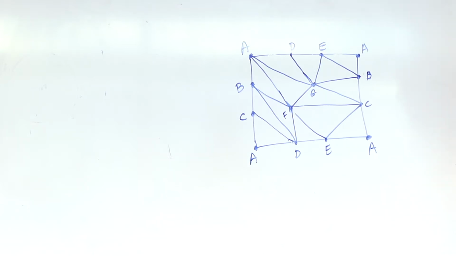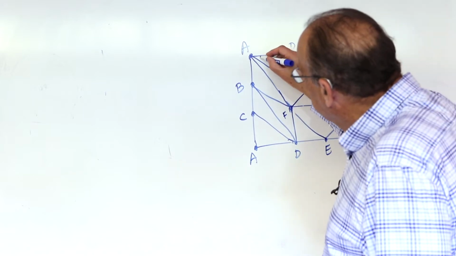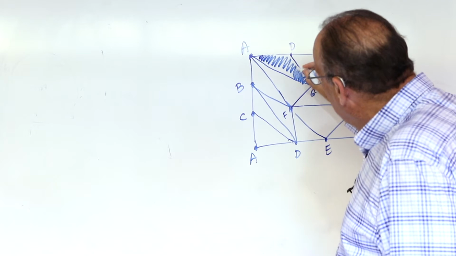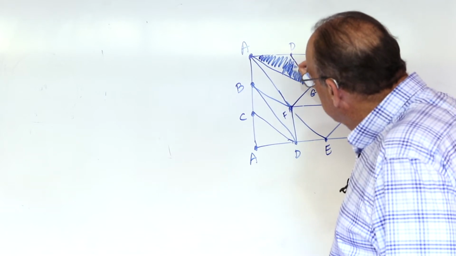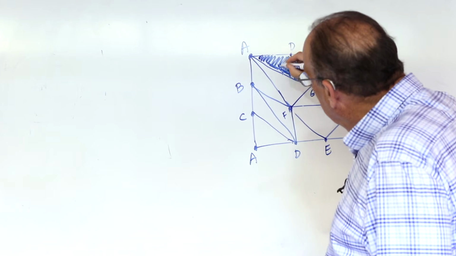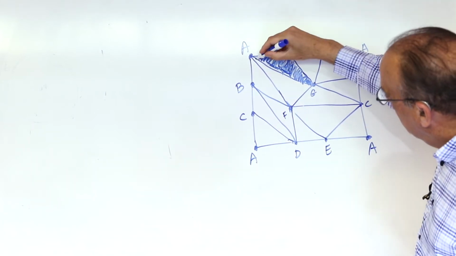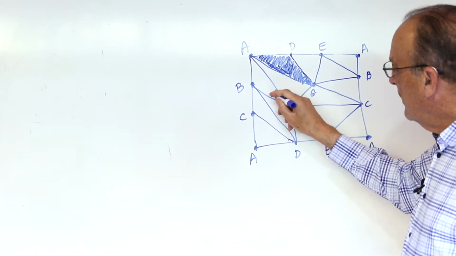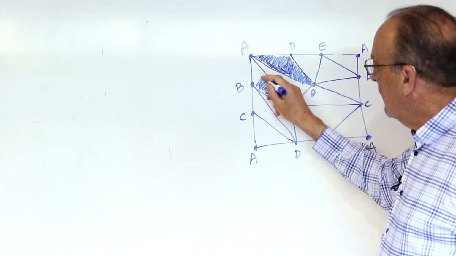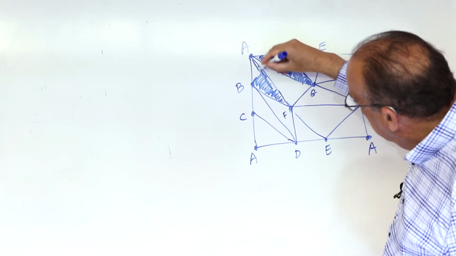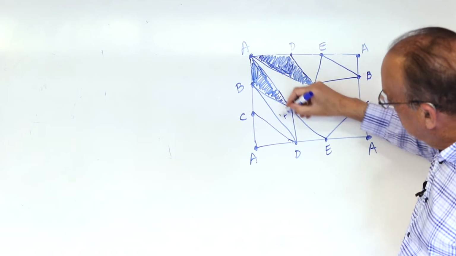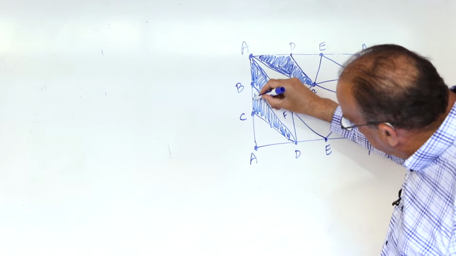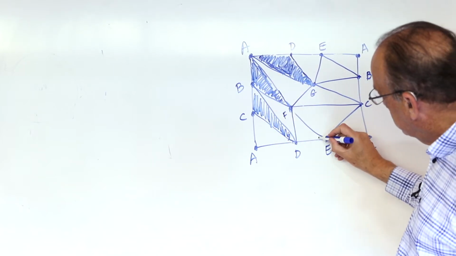Next thing we're going to do is shade in every other one. So we'll shade in this one. And we'll leave this one blank, shade in this one. Leave this one blank, shade in this one. Leave this one blank and leave this one blank and shade in this one.